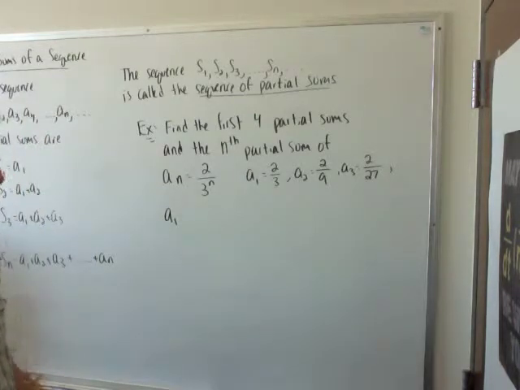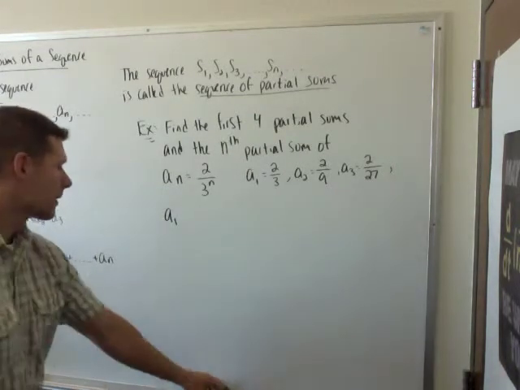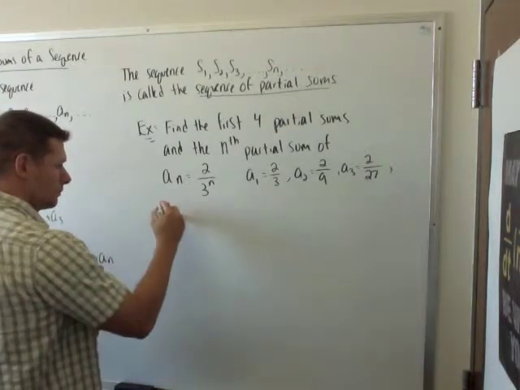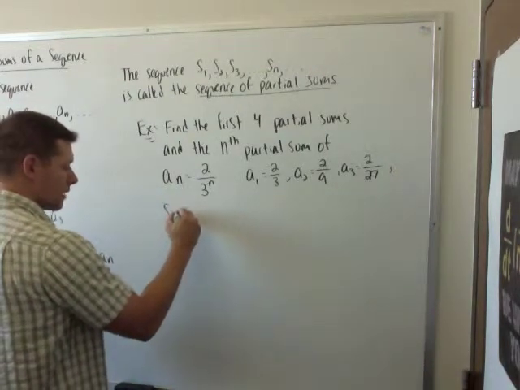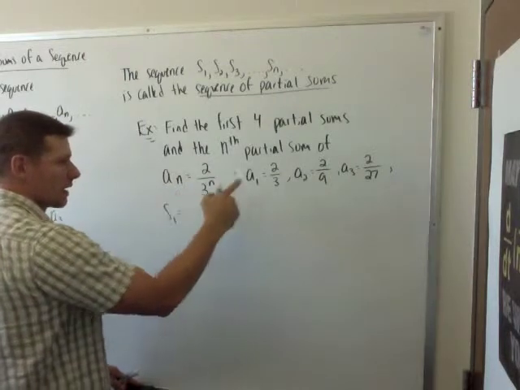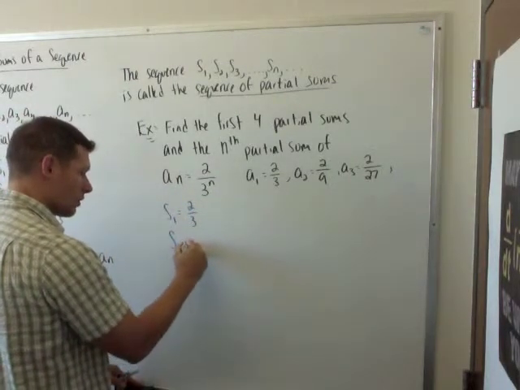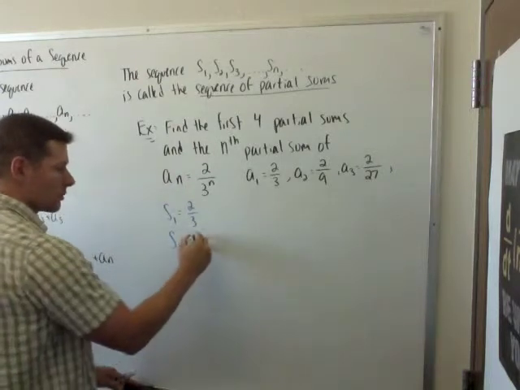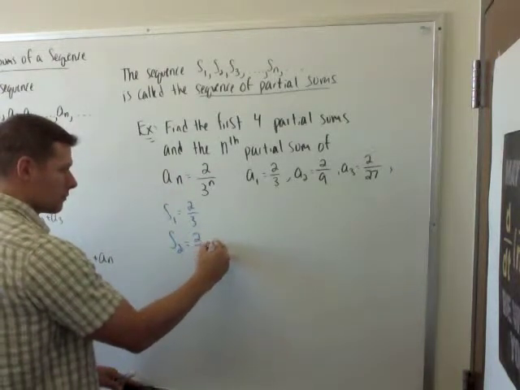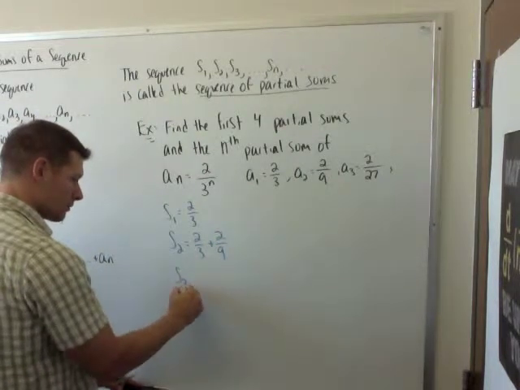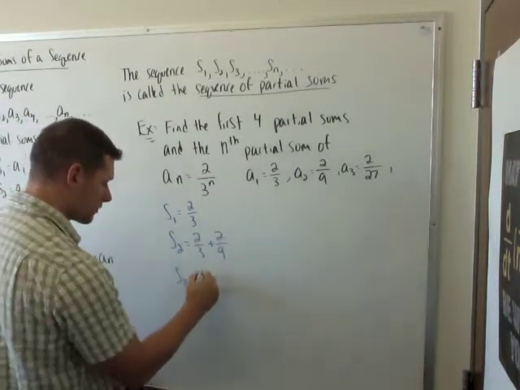All right, well, how does that work? Well, S1 is defined to be A1. In this case, A1 is 2/3. S2, what I do is I take the first two terms and add them. S3, I add up the first three terms.